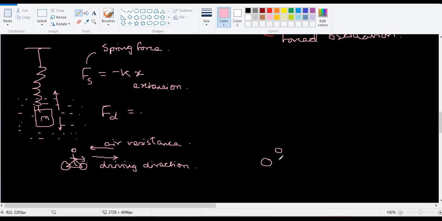But suppose I am going in the opposite direction, then the air resistance will be this way. Again, I'll be facing a lot of air on my face.